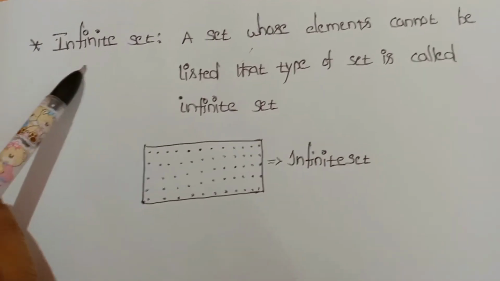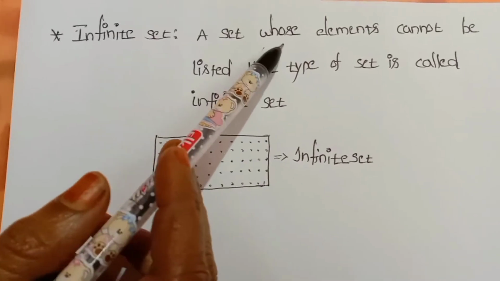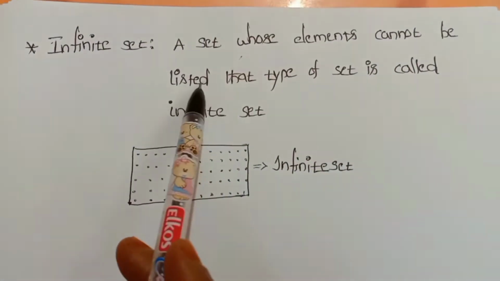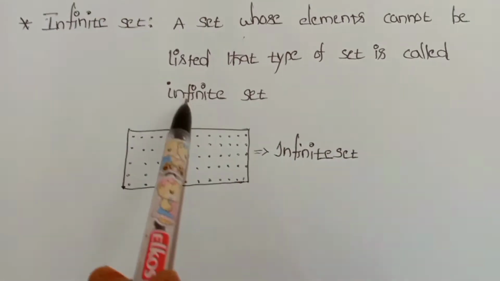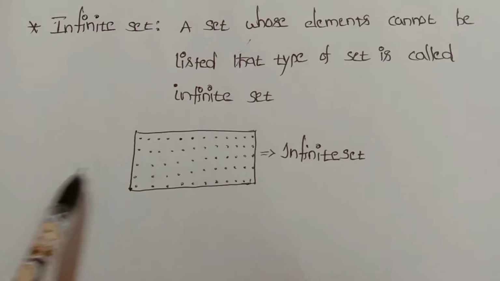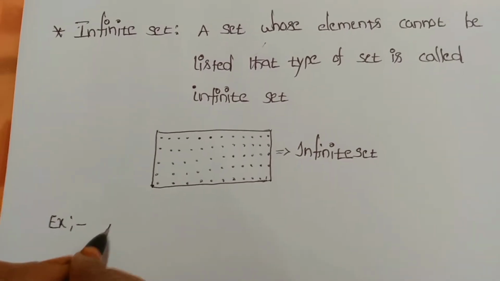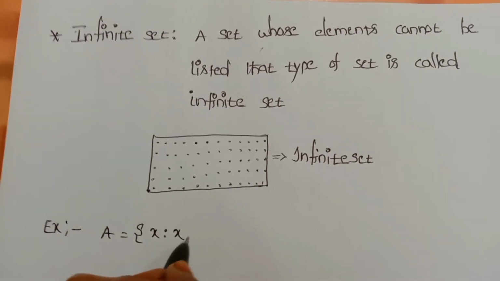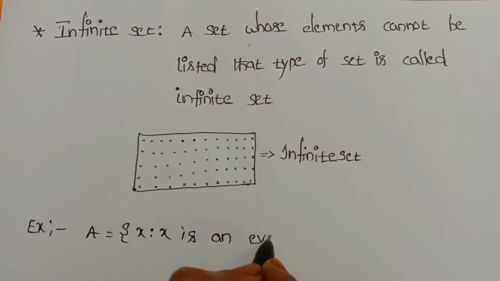Fourth type of set is infinite set. A set whose elements cannot be listed, that type of set is called infinite set. Example of infinite set: A is equal to {x : x is an even number}.